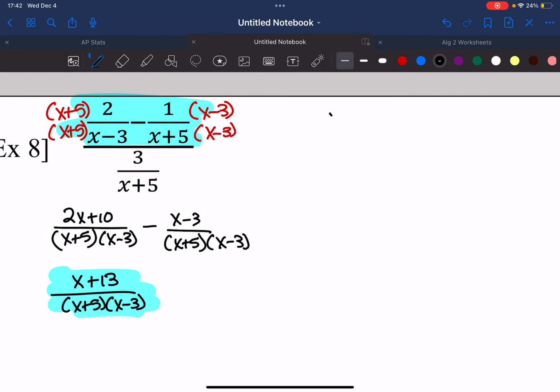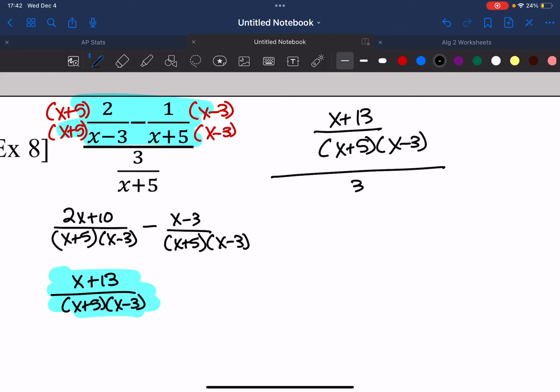So which means I have x plus 13 over x plus 5 times x minus 3 divided by 3 over x plus 5. Remember, this means to divide. And when I divide, I need to change it to multiplication and flip the second fraction.